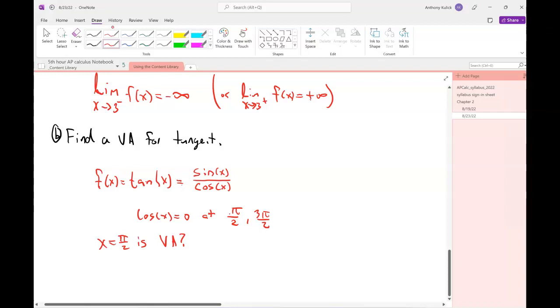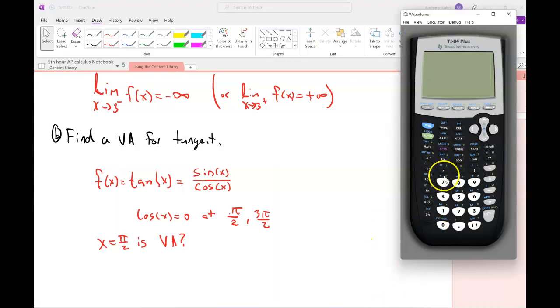So if we look at the graph, let's take a look at the graph. So we'll do tan x. I'm going to make sure that I'm in radian mode since I'm graphing a trig function.